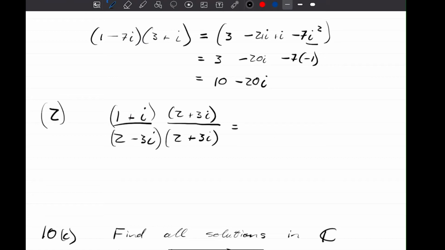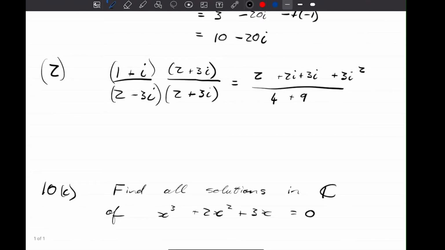So what does this become? This becomes 4 plus 9. And on top, that becomes 2 plus 3i squared plus 2i plus 3i. And let us simplify that. That is everything over 13.